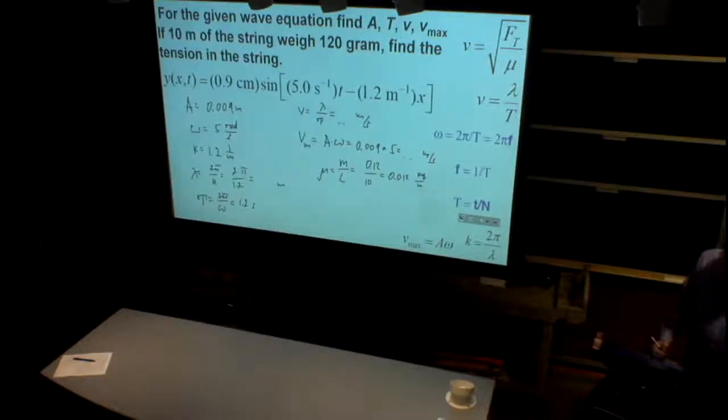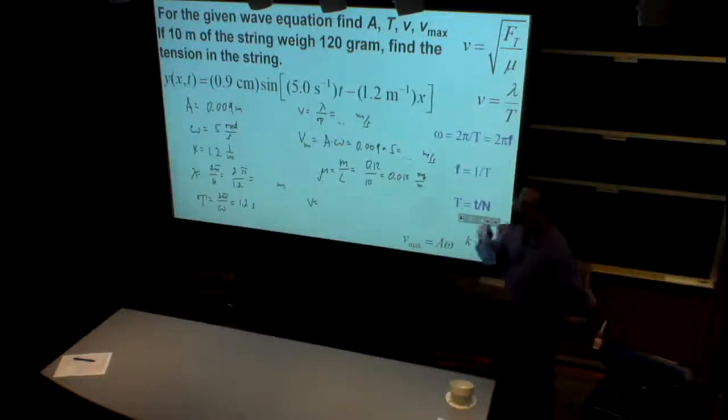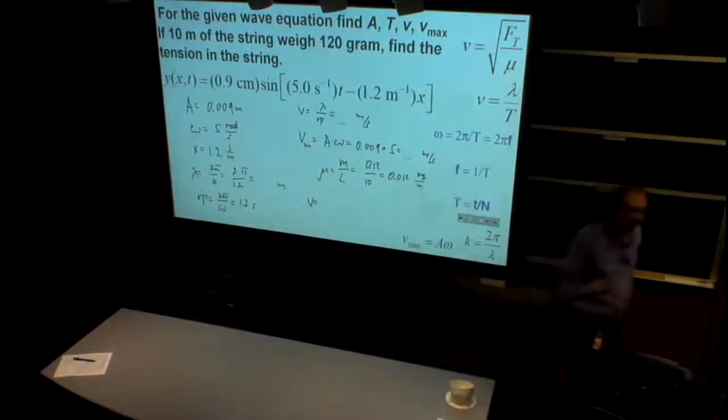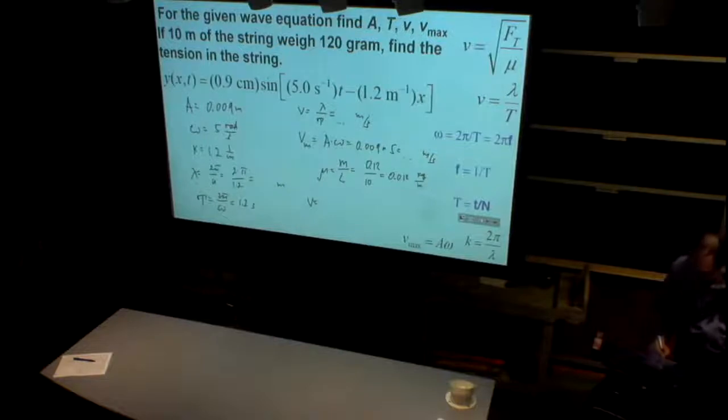But now, because speed, which speed? People sometimes confuse, we have two. The speed of a wave, this one, is related to the force of tension in the string and the linear density of that string.